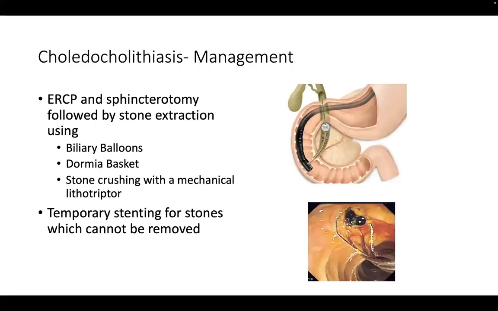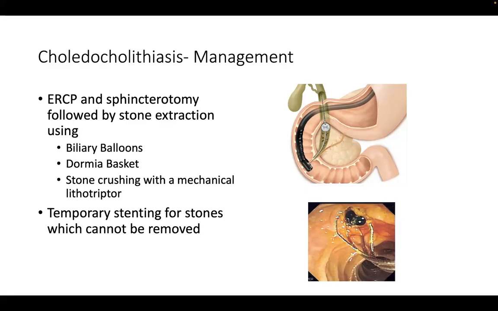Okay. So again, we're going back to Dulanta Sir's lecture. Choledocholithiasis management. So this is basically stone management. So ERCP plus sphincterotomy followed by stone extraction using either biliary balloons, Dormia basket, or stone crushing with a lithotripter.